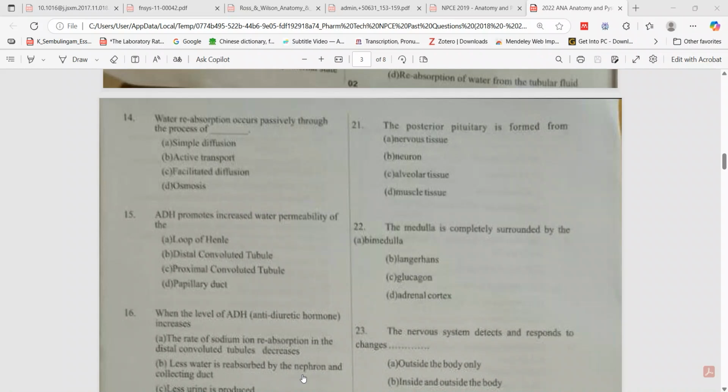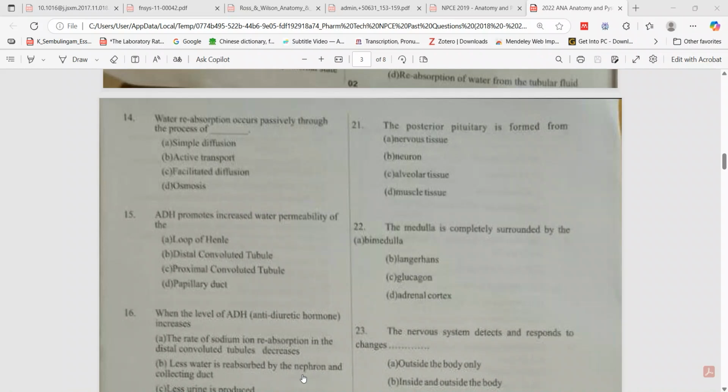What kind of passive transport moves water? I said passive transport. You are still saying active transport. You know there are two types of transport, passive and active. The question is asking for passive. Active should not even come to your mind.